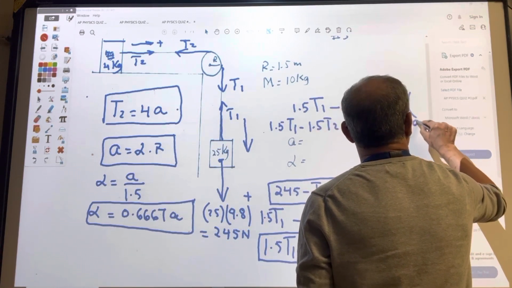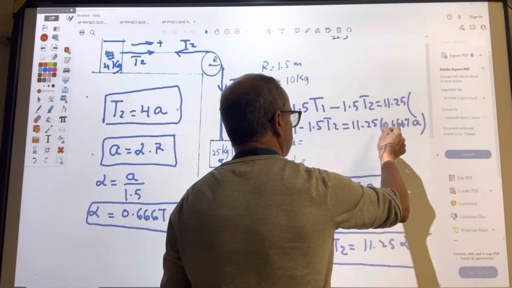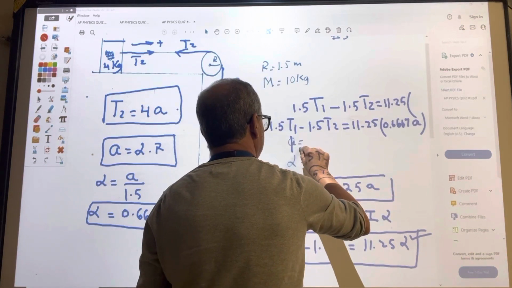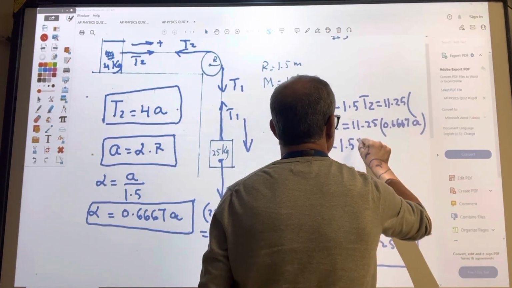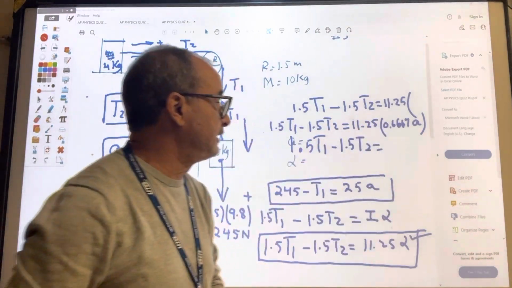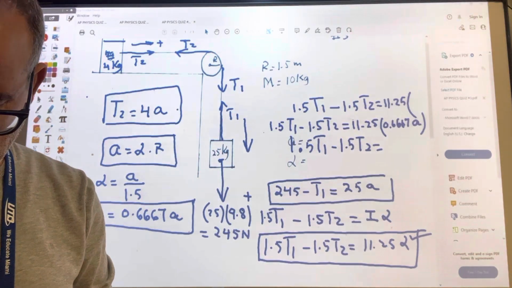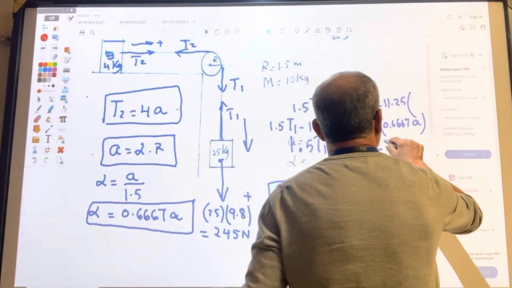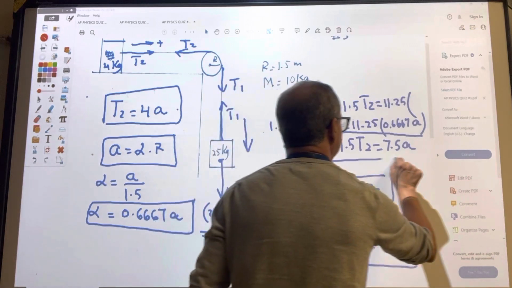So I just multiply 11.25 by 0.6667. When I do that, I get 7.5. 7.5. And then I'm going to box this.